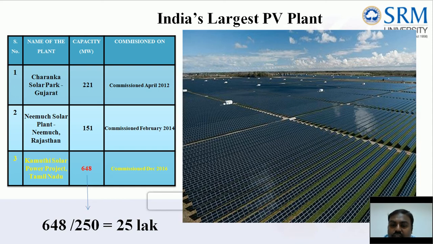Each panel's rating may be 250 watt, which is why I divided 648 by 250. 25 lakh panels are available in that PV farm, so you can imagine the volume of the PV plant.